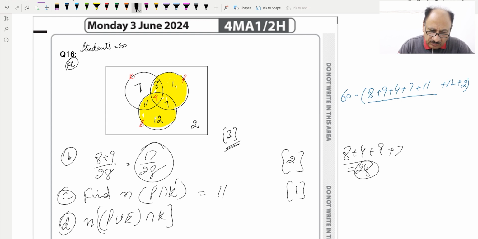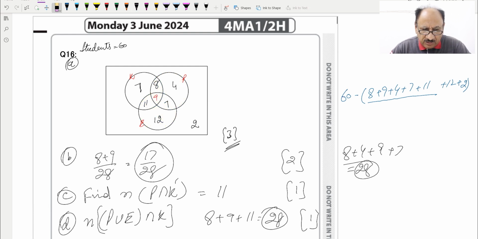So we can write 8 plus 9 plus 11, which will be equal to 28, and this will be the answer. And this is also 1 mark part. Hopefully you understood this. I will remove the shading, which I've done for your explanation.